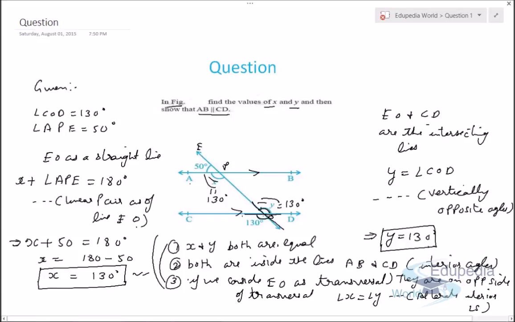This implies AB is parallel to CD. Why? Because x and y are alternate interior angles. So this is one way we can prove from the angles that the lines are parallel.